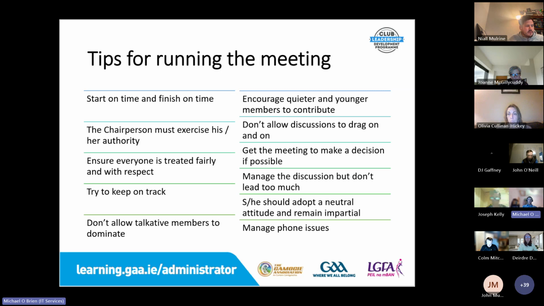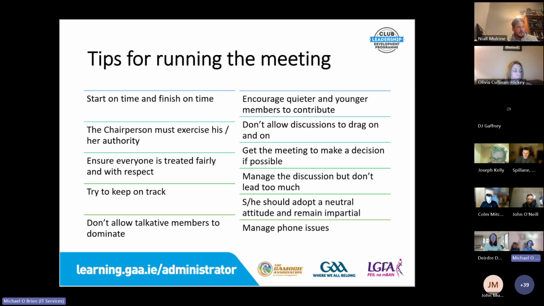A lot of people cannot commit to 2 or 3 hours a night. If a meeting is 1 hour and I've committed to 1 hour, the 1 hour is what I'm committing to. If the decision isn't made by then, you put a halt to the meeting and say, we'll adjourn this to the next meeting, and agree the next meeting before you leave. Say, right, we never completed it here. We'll meet again next Thursday at 8 o'clock and we'll get this decision made.